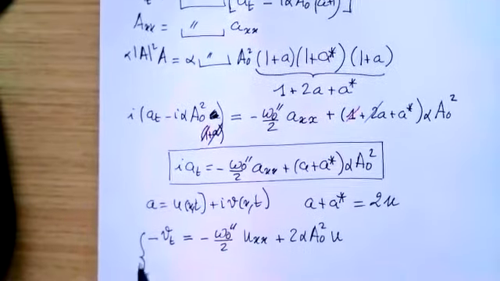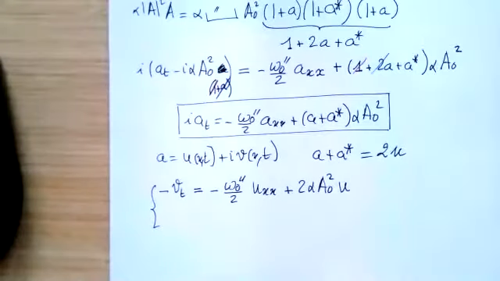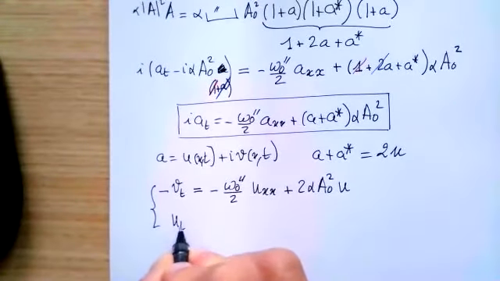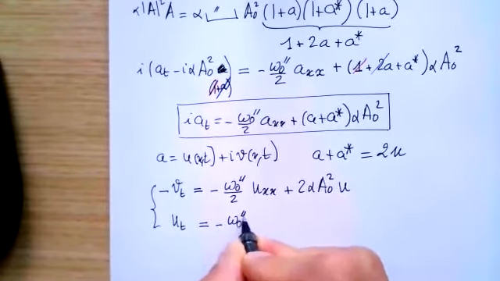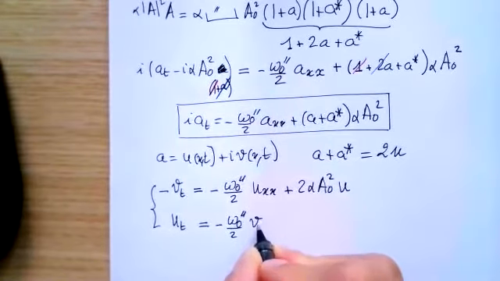And for the imaginary part, one will have u sub t equals minus v xx. And that's it.